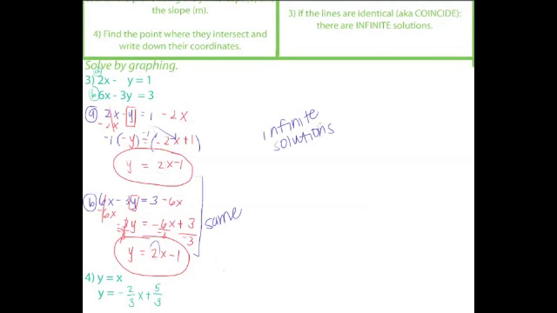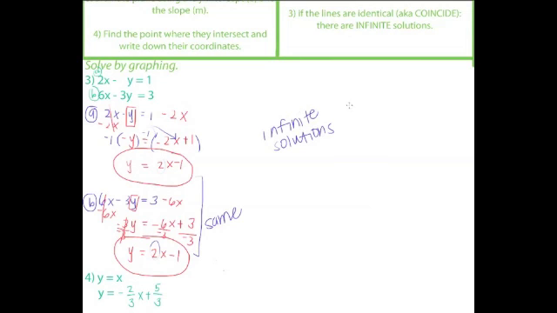If you want to, you can, but you're going to end up with just one line when you graph it, because it's the exact same line. When it's an infinite solution, you're not going to have two separate lines, you're just going to have one, because since they're the exact same equation, when you graph them, it's going to be just one line. Okay, if you want to save some time and you realize after doing all the algebra that the equations are exactly the same, we just say that there's an infinite amount of solutions.